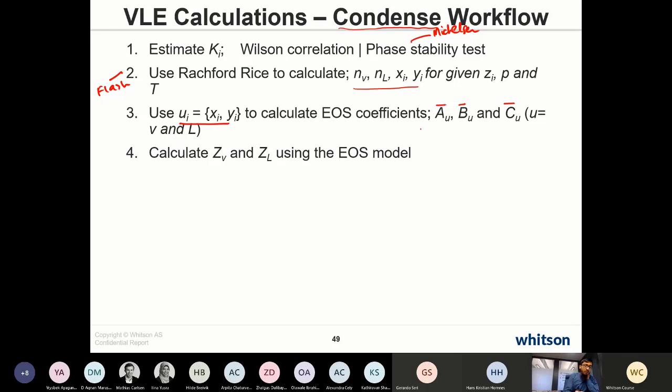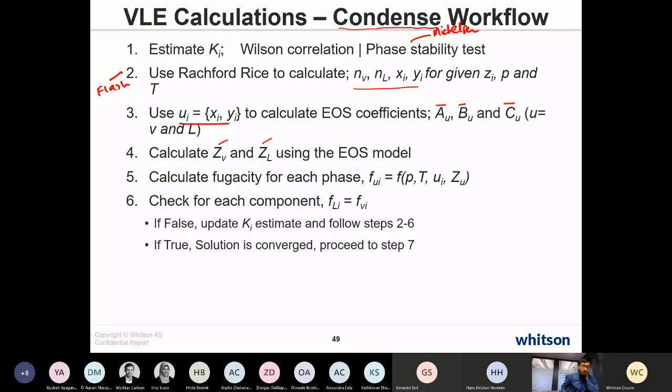And then we use the equation of state model to calculate the vapor phase and the liquid phase Z factors. Then we calculate the fugacities of each component using the composition. And then we check that each component's fugacity in the liquid phase and the vapor phase are the same.